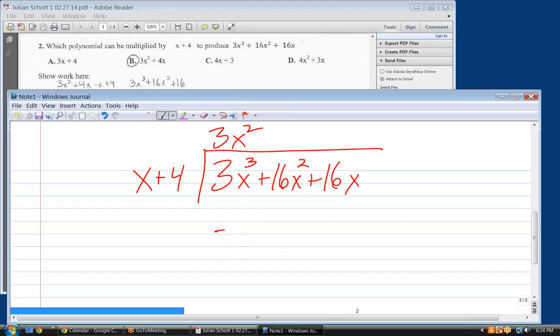So x, when I divided it, this is what we were doing. And then that's got a 1, so I subtract the exponents, so that's 3x squared. Now I don't worry about the 4 at that point, but now I take my 3x squared and I multiply it by both terms.